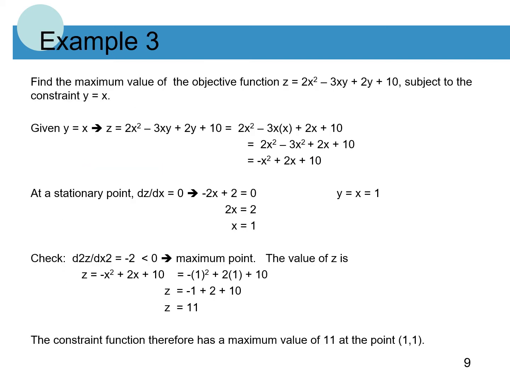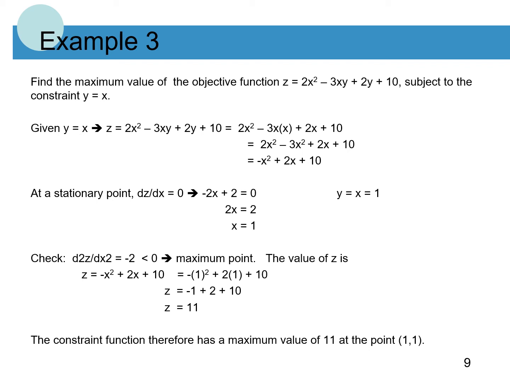So for example here, find the maximum value of the objective function z equal to 2x squared minus 3xy plus 2y plus 10 subject to the constraint y equal to x. Okay, then given that y equal to x, we can substitute the y with x.